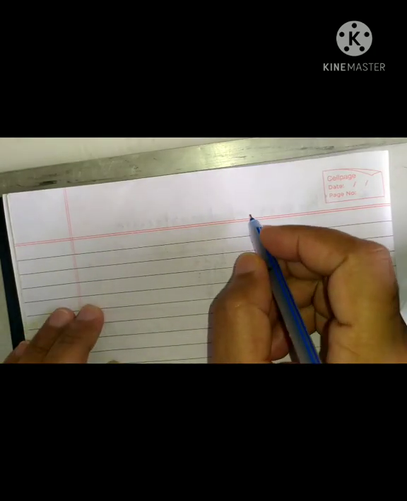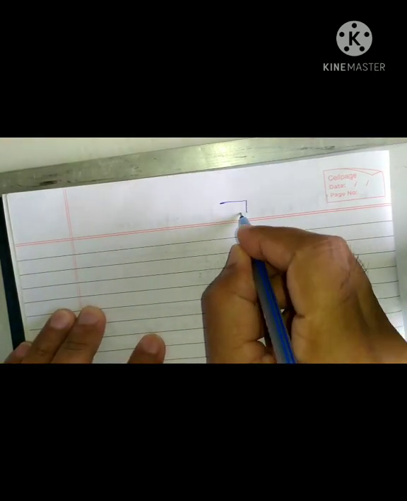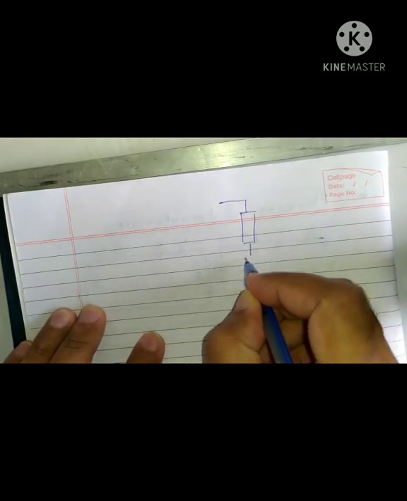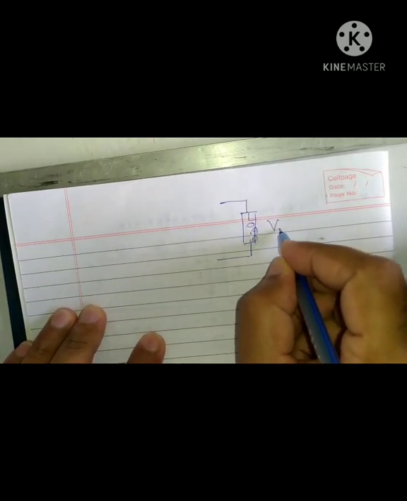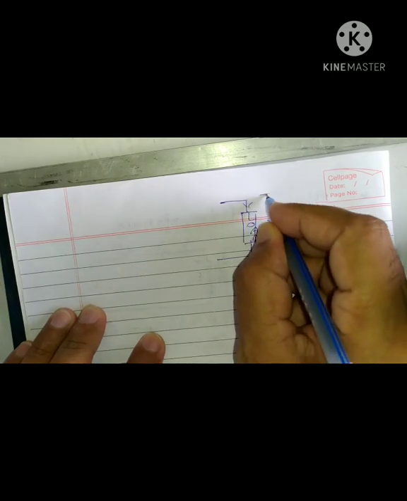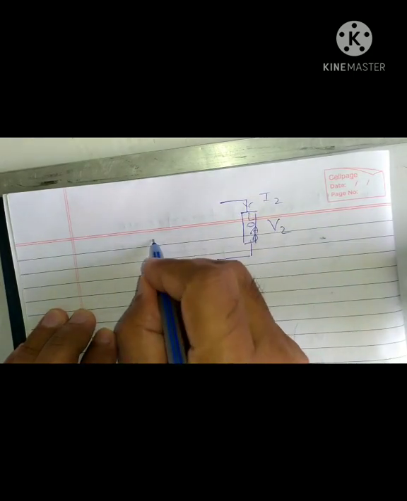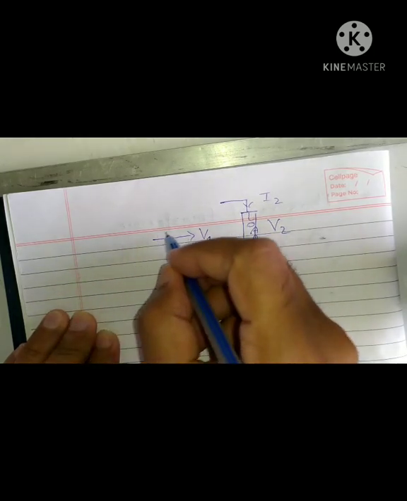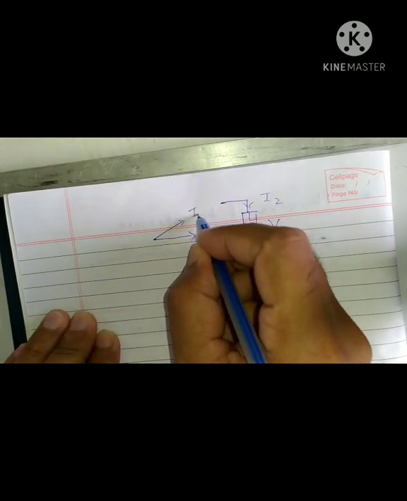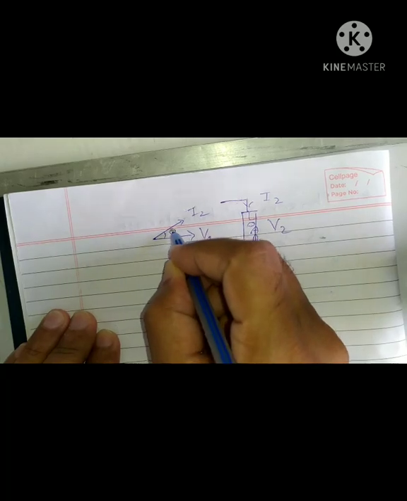For leading power factor, we know if this is the load, the voltage across the load will be V2, the current in it will be I2, and the current I2 will now lead V2 by some angle phi 2.